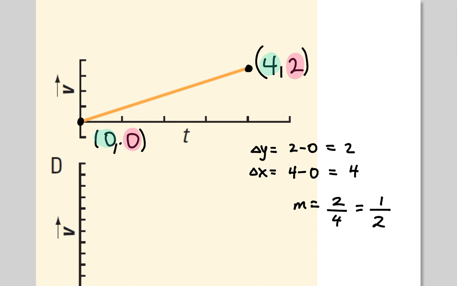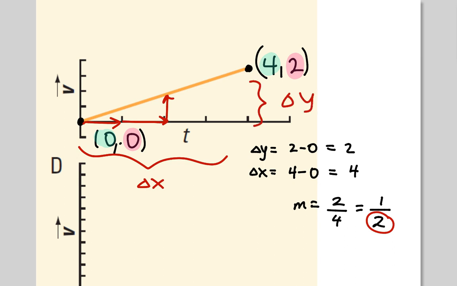So what does the 2 represent? The 2 represents 2 to the right, and then 1 up. Okay, and you can get these triangles. This is delta x. This is delta y. And you just have this right-angled triangle. That's all it is. Slope.